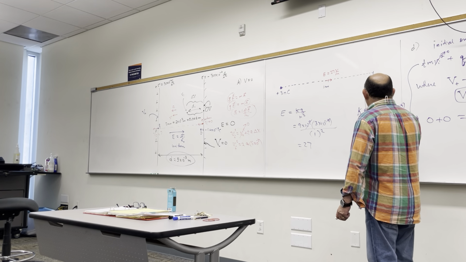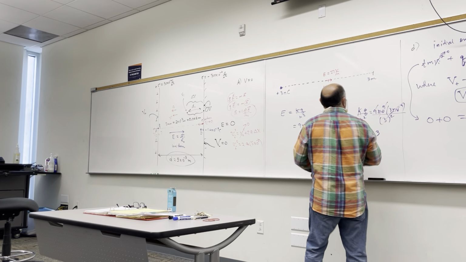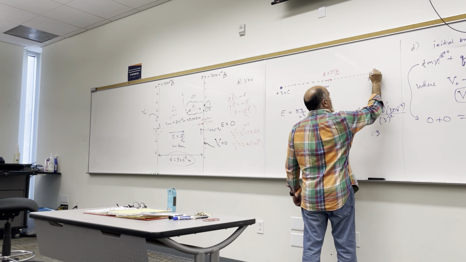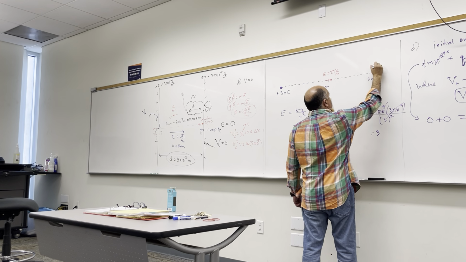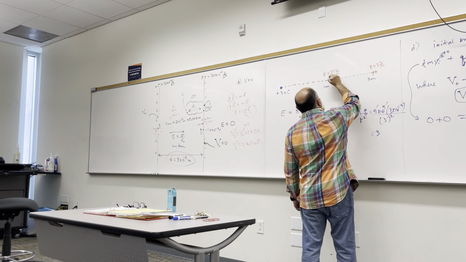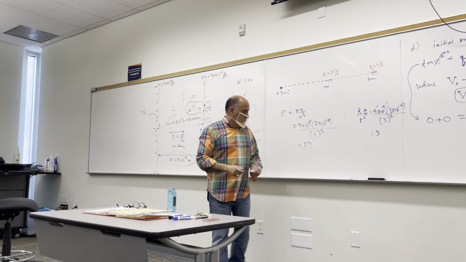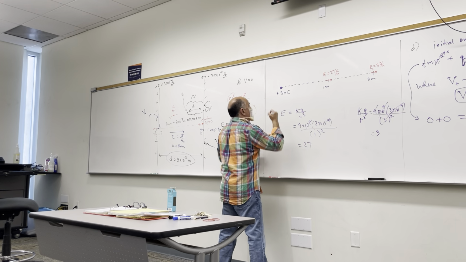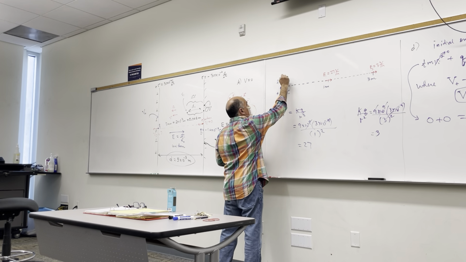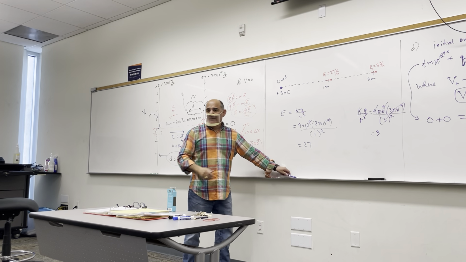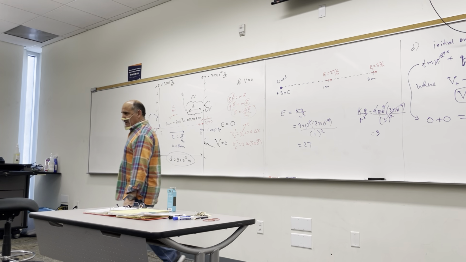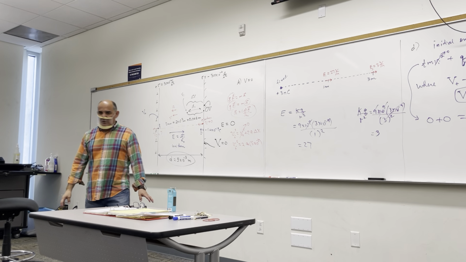It would just be 3, and it will point this way. So the electric field there is 3 volts per meter. Suppose this charge is fixed. Are you with me? Good.